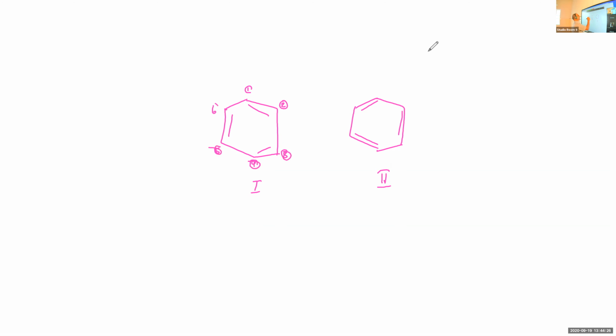In the second structure, between carbon atoms 1 and 2, there is single bond. So in the place of a double bond, there is single bond in the second structure. And these 2 structures are called the resonance structures or the contributing structures or canonical structures.